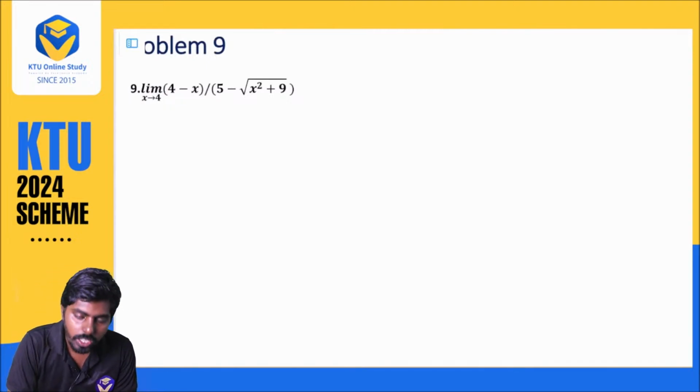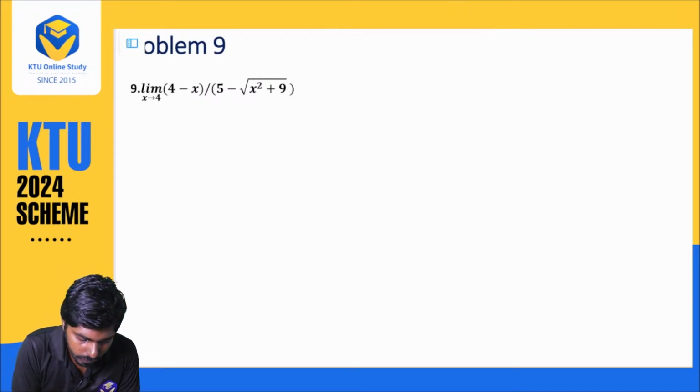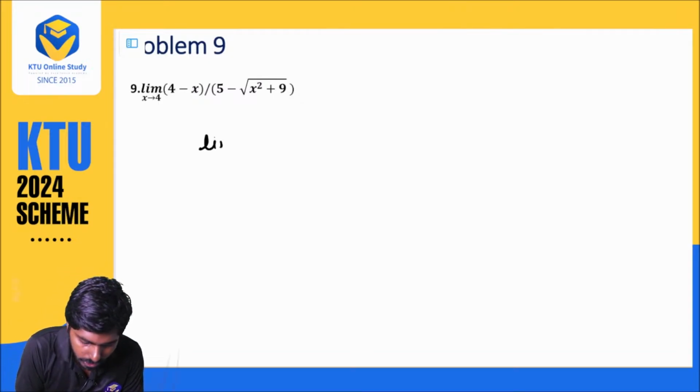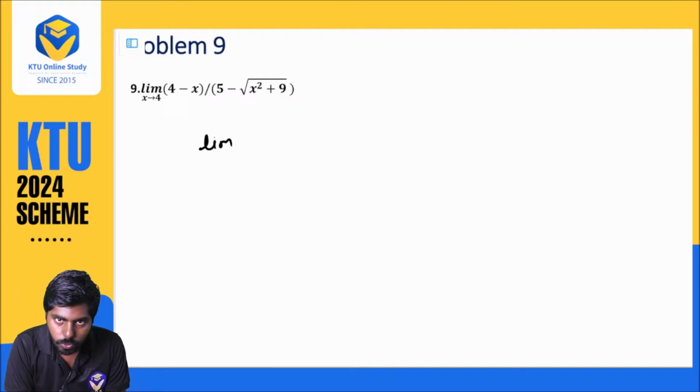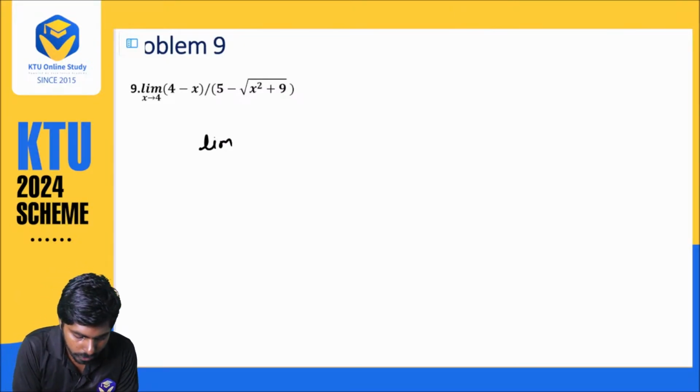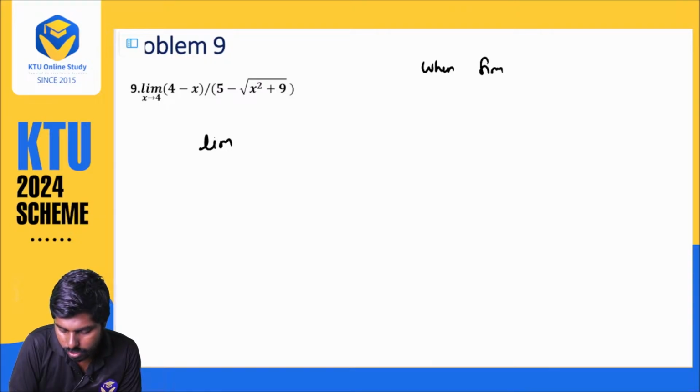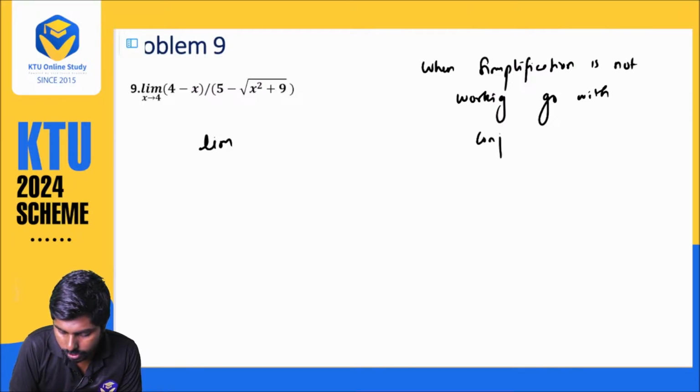So for that we will be doing the conjugate multiplication. When simplification is not working, go with the conjugate multiplication.